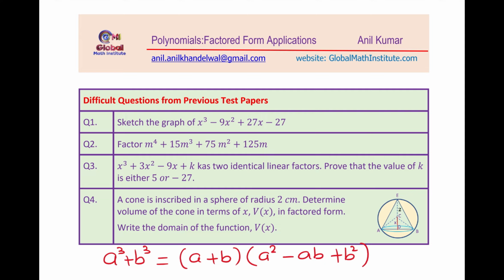And for the negative values, a cube minus b cube can be written as a minus b times a square plus ab plus b square. Now, if you use the formulae of sum of cubes and difference of cubes, you can actually solve all the 4 questions.